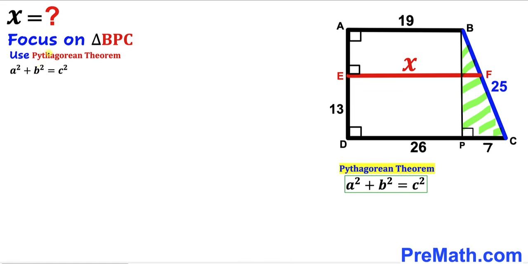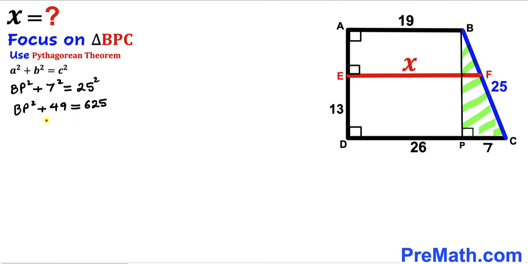Let's fill in the blanks: BP square plus 7 square equals 25 square. We are going to subtract 49 from both sides, and we can see they cancel each other out.